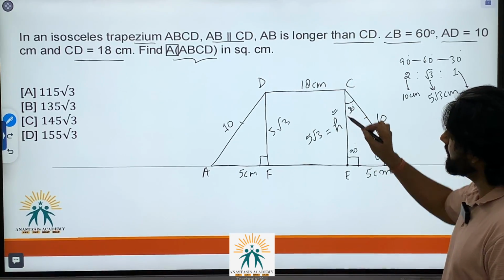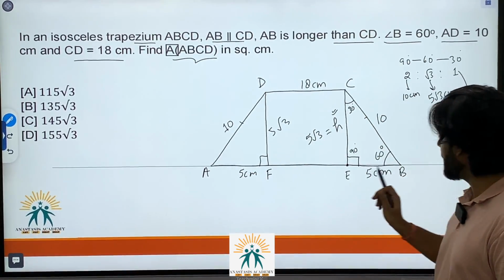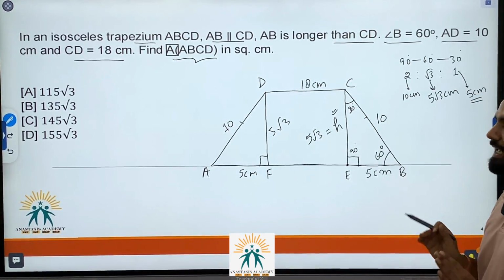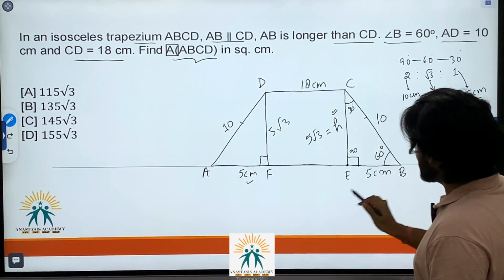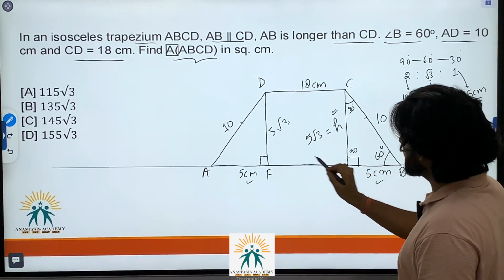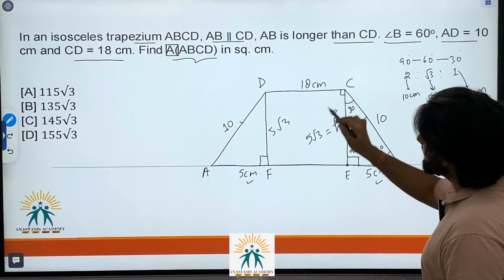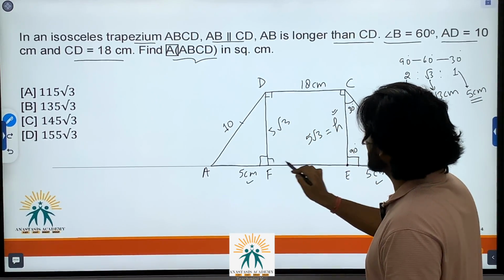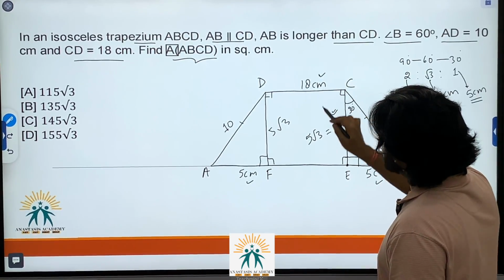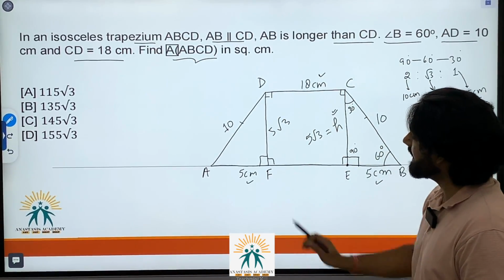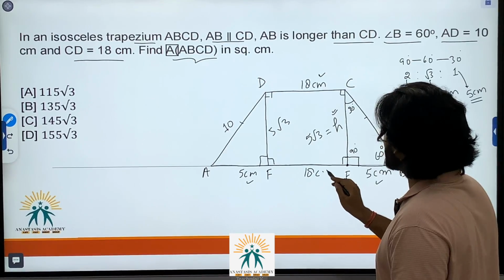Height is known. Now I can find the value of the parallel side AB. These angles are 90 degrees and these two sides are parallel, so side CD would be equal to side EF. So it is 18 centimeters.